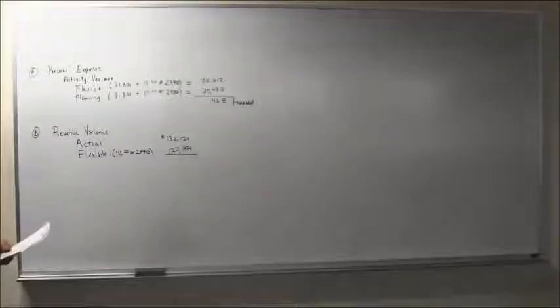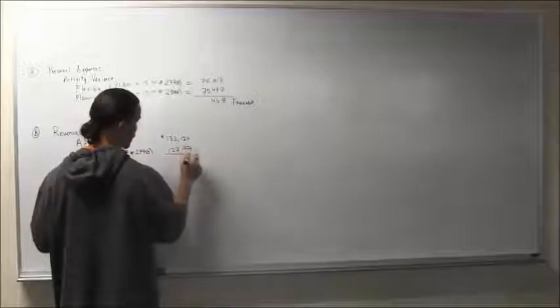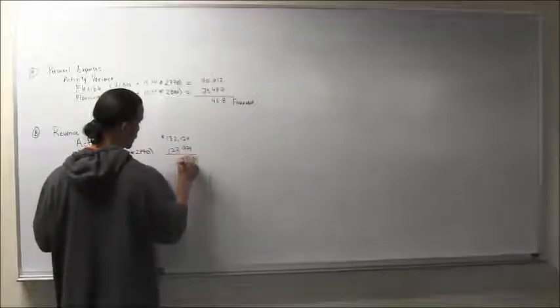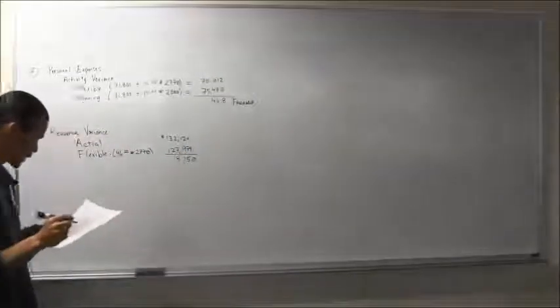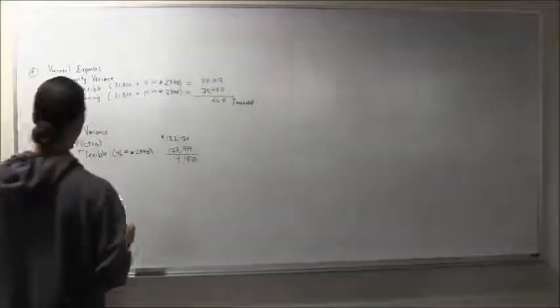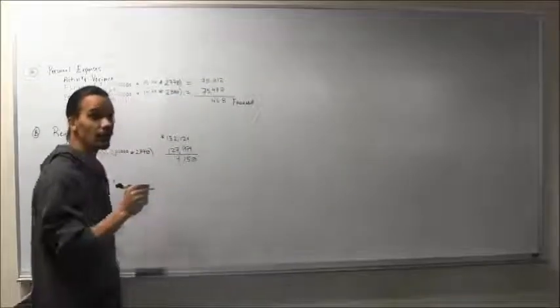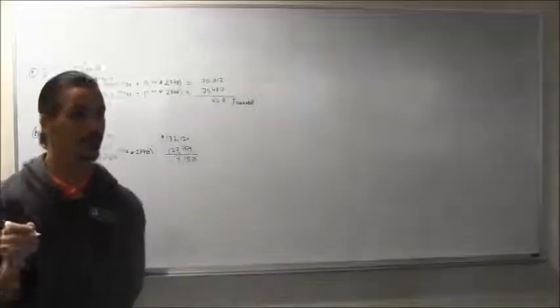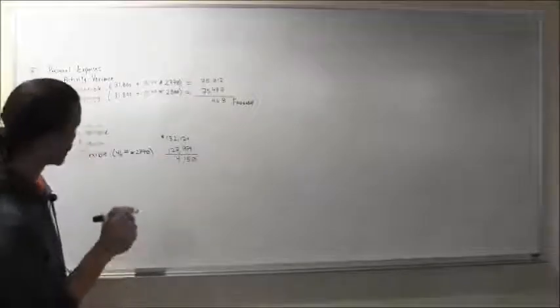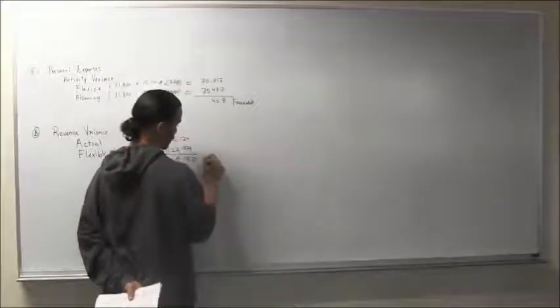Okay? That is a variance of 4,150. Okay? And this one, you'd rather have less money? This is revenue. This is the one case where if your actual comes out to be greater, it's favorable, your revenue.